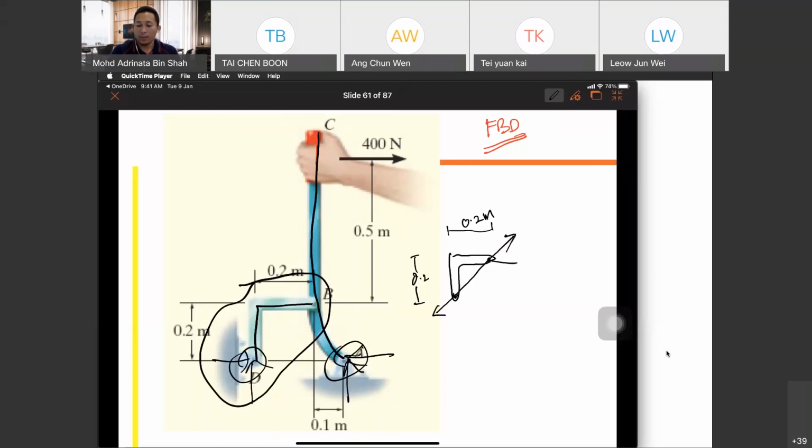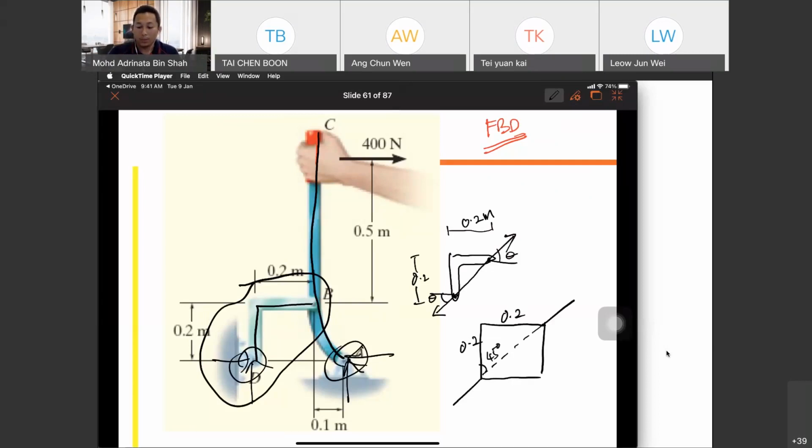What is the theta? 0.2, 0.2. This is a square, so the theta is 45 degrees.